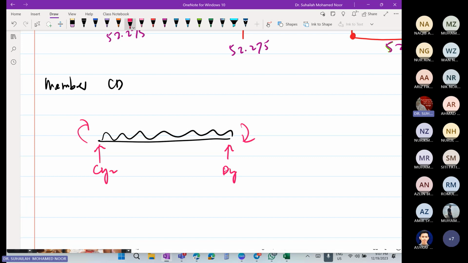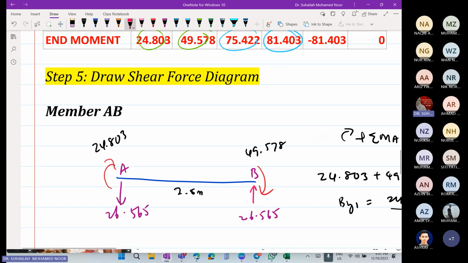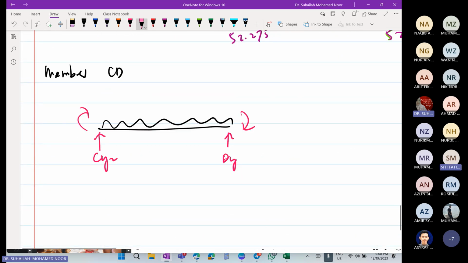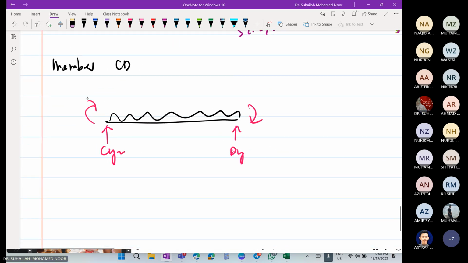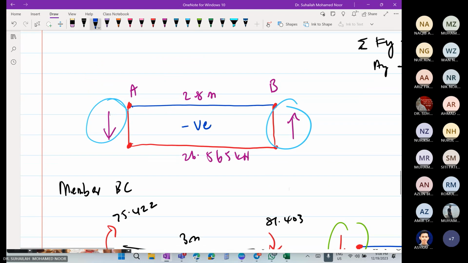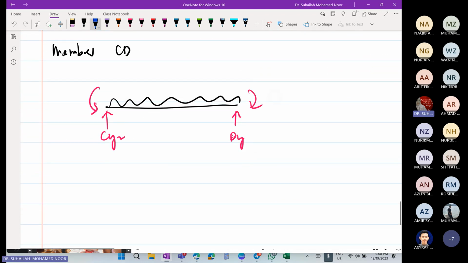But for the value, we must refer to the table. The value is negative and 0. Negative means we have to change sign. Here, the value is negative 81.403, and this has no value.